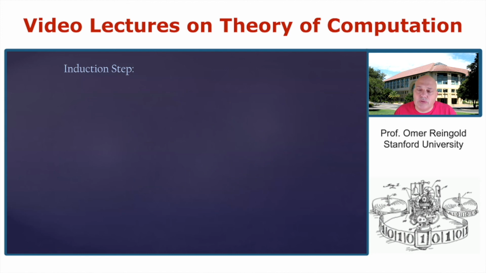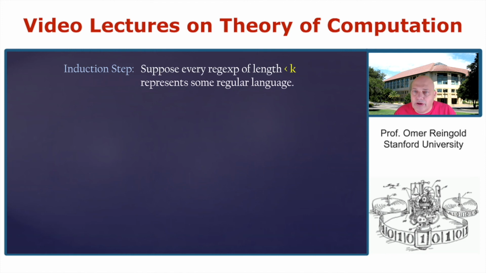Now we want to do the induction step. The induction step assumes that every regular expression of length at most k represents some regular language, which means that it has some NFA that recognizes the same language. So consider a regular expression of length k larger than 1. These kinds of regular expressions are not the base regular expressions. They are obtained by one of the three operations.